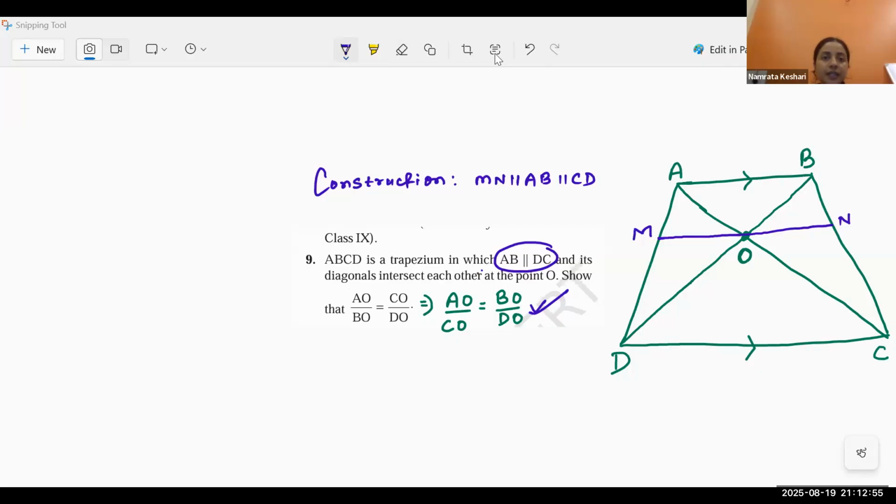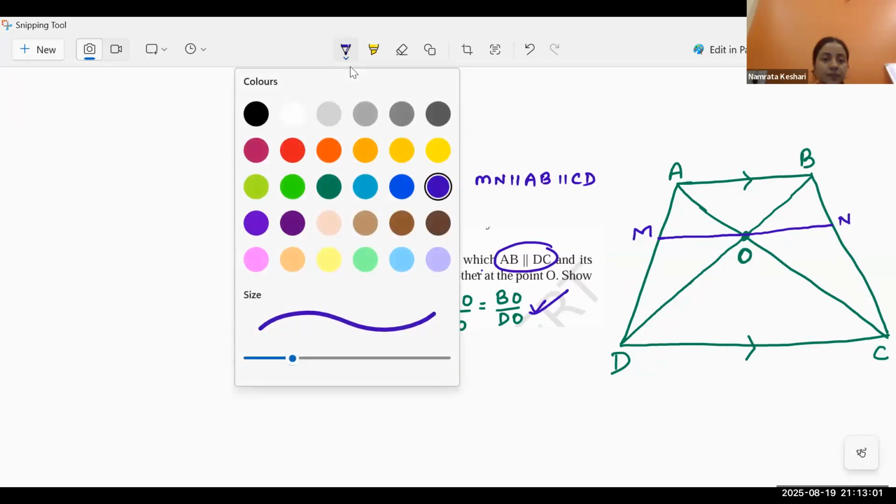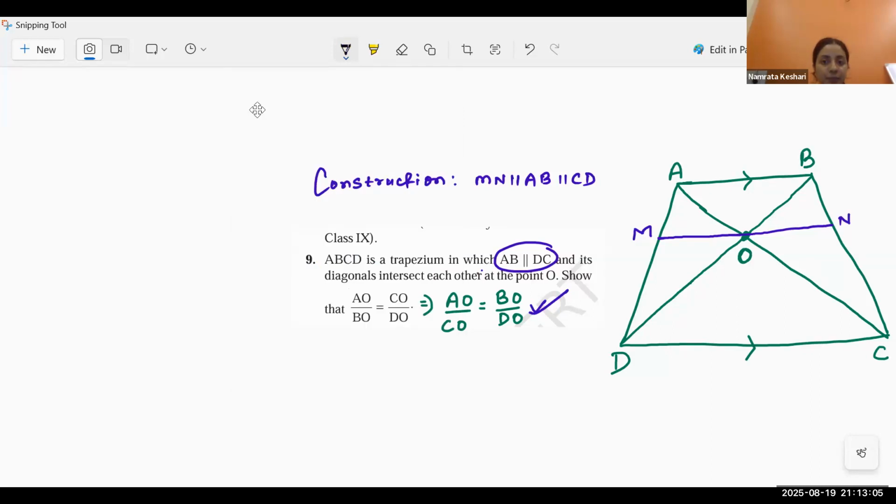Now, if you take this triangle ABD over here, you will have one line which is parallel. Can you see? Hence, you can write the ratio will be the same.